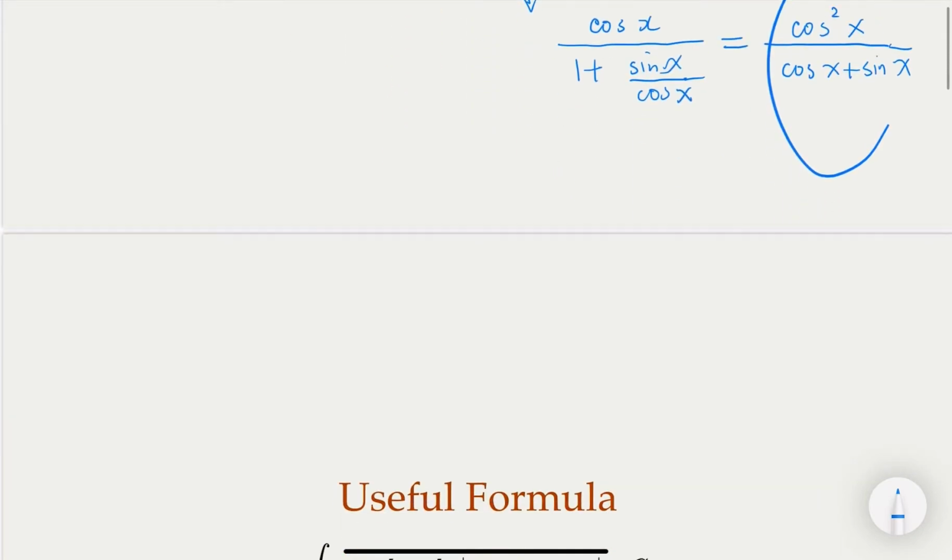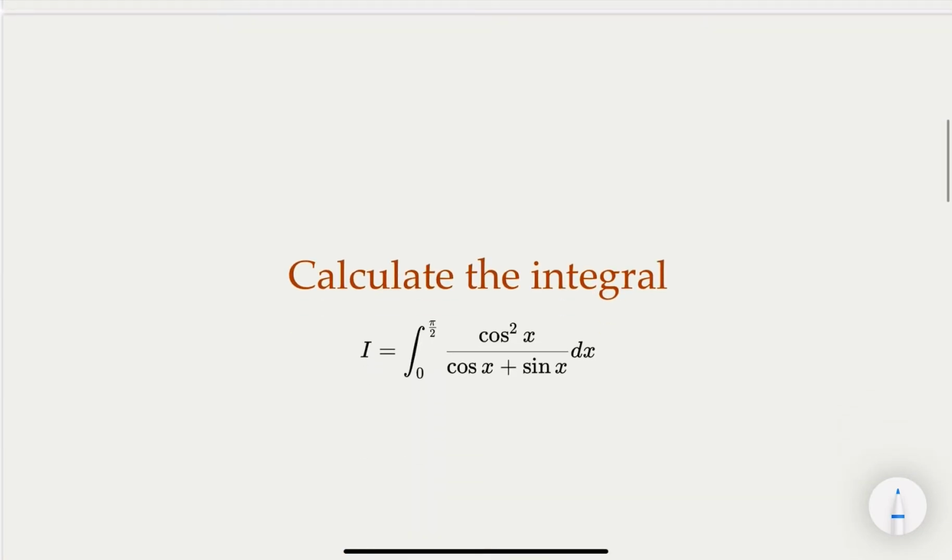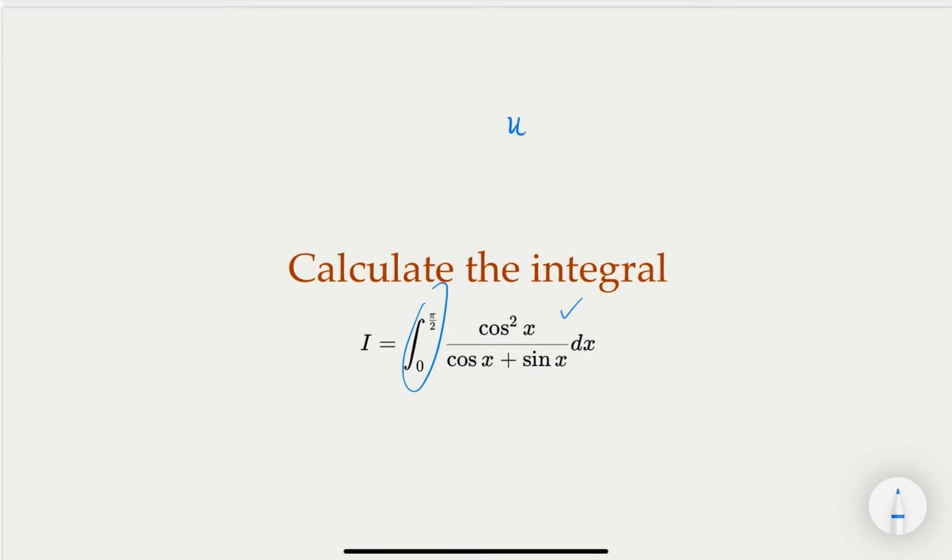So let's do that. We rewrite it here. So how do we do this? All right, you notice that there's some symmetry here, right? And this is 0 to 2 pi. So if you were to use a change of variable, let's say u equals pi over 2 minus x, then du will equal negative dx, right?